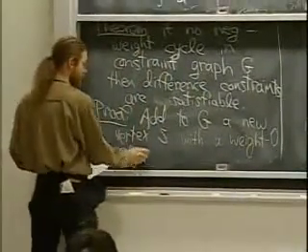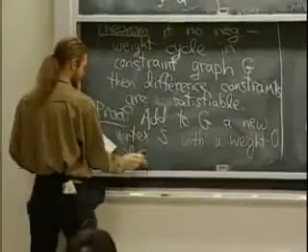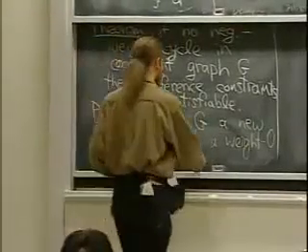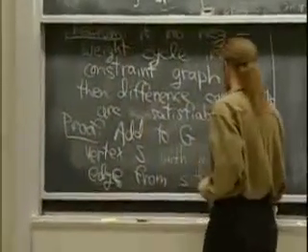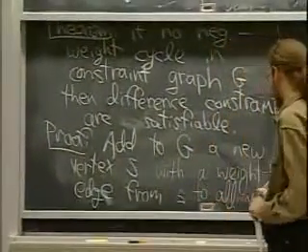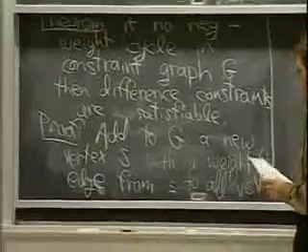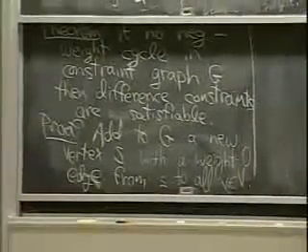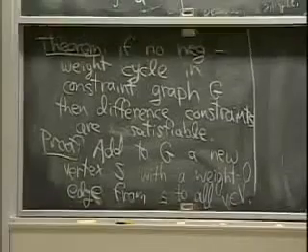So we're going to add a weight zero edge from S to every other vertex in the constraint graph. Those vertices are called V1 up to Vn. So I have my constraint graph.